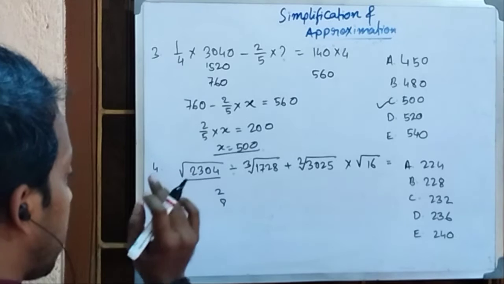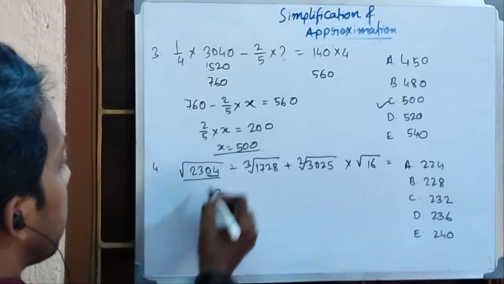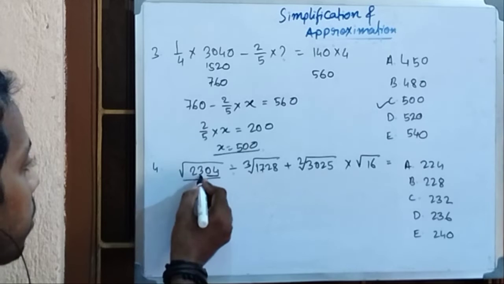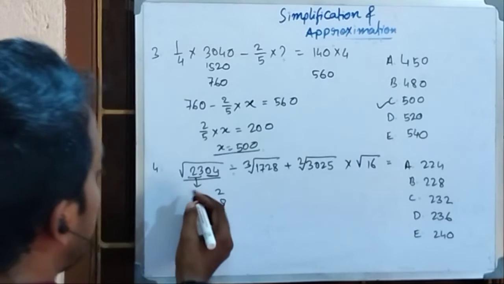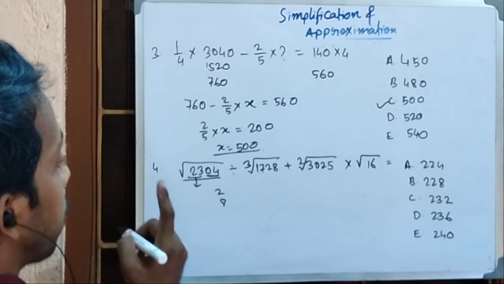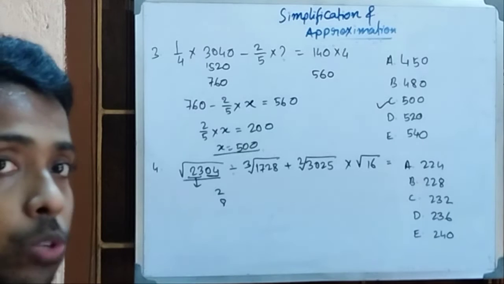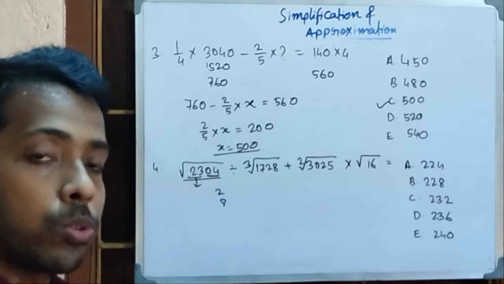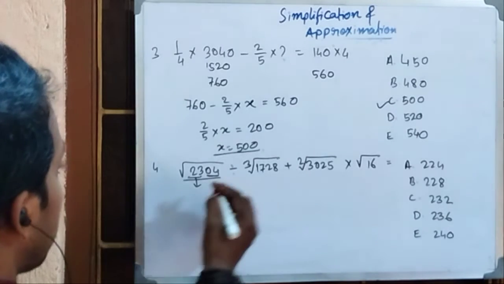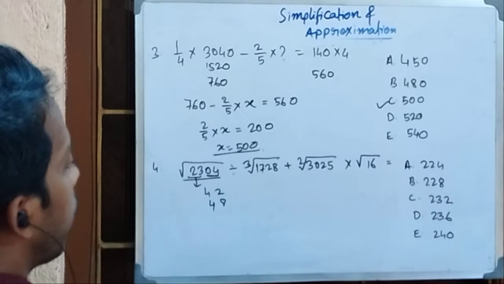And for the square, I earlier told you that 2 digits are taken at a time, and then the rest of the term comes in place. 23, and the number whose square gives the closest value to 23, but not beyond 23. 3 square is 9, 4 square is 16, 5 square is 25. Though 5 square 25 is close to 23, you should not go beyond the given number. So here it comes as 4. So either 42 or 48 is the answer.